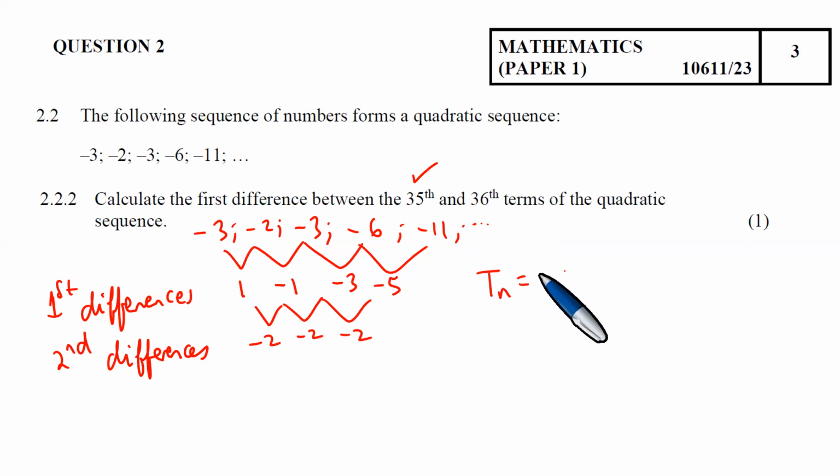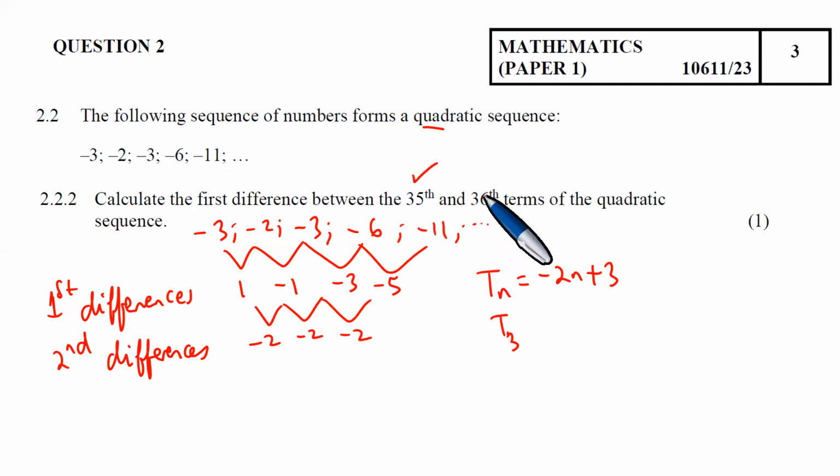So Tn is minus 2n plus 3, which means at this point you have T35. Because it's a quadratic sequence, between T35 and T36 you find T35. If you want to find the first term, you must realize that it is the first term between these two. The second term is between the second and the third, so it's the second.